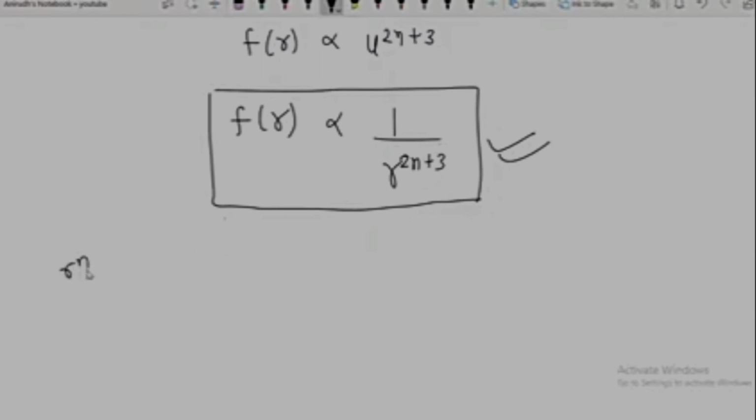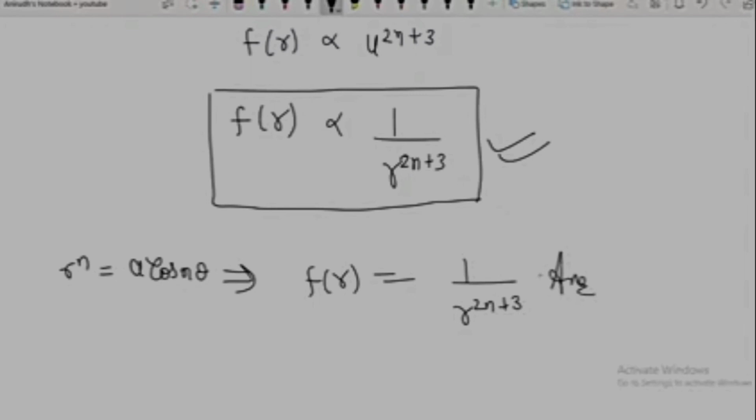So if the curve r power n is equal to a cos n theta is given in the question, then we can write the force function is proportional to 1 by r power 2n plus 3. This is the trick. We can also note this in your formula notebook.